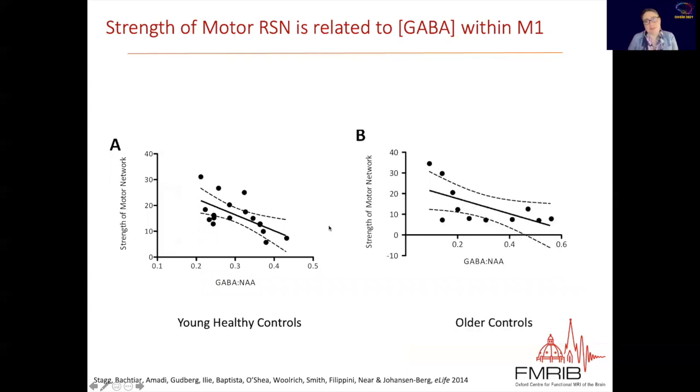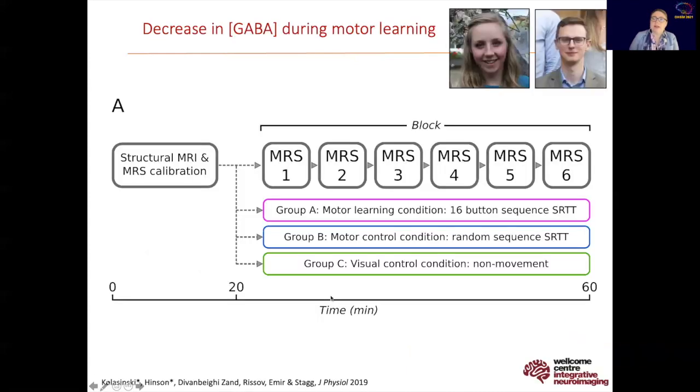And again, this is something that's been seen in other functional networks and elsewhere. So we seem to have got a relationship where local inhibition can tell us something about behaviour and can tell us something about network connectivity. So it's beginning to give us clues and hints as to how things are controlled in the healthy brain.